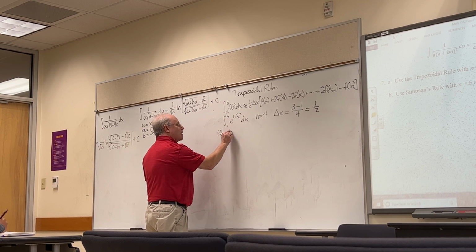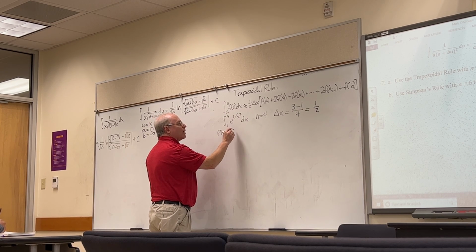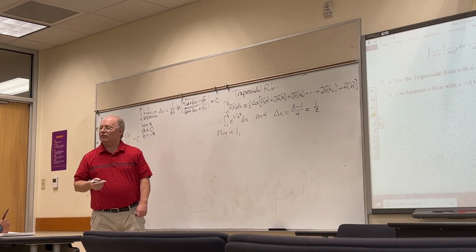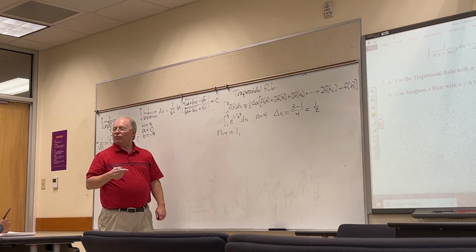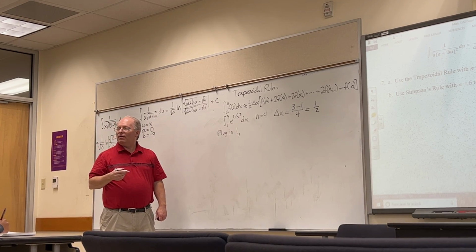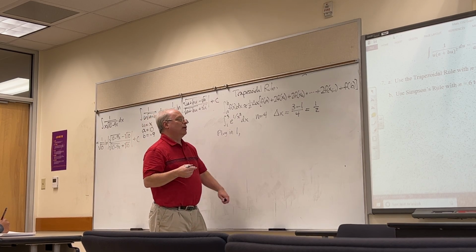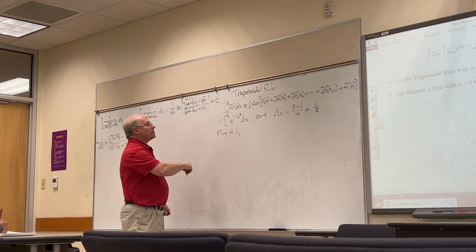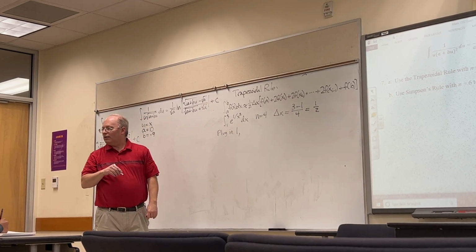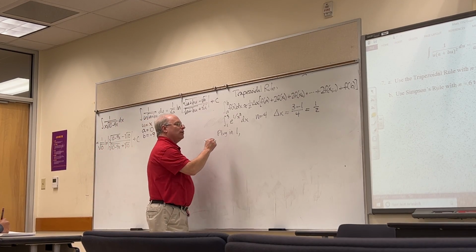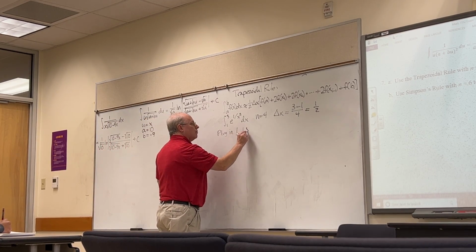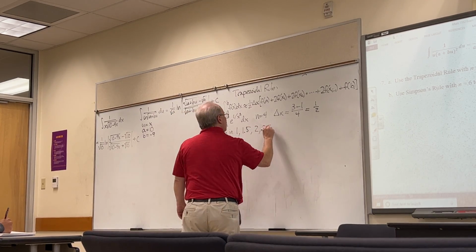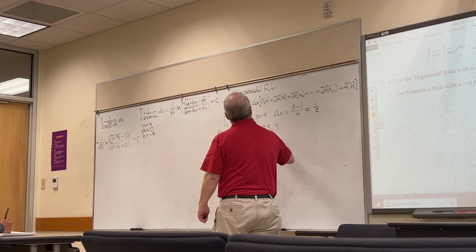You find your subdivision points. You start with 1, your first limit of integration, and then you just keep adding delta x until you get to the other limit of integration. So 1, 1.5, 2, 2.5, and 3.